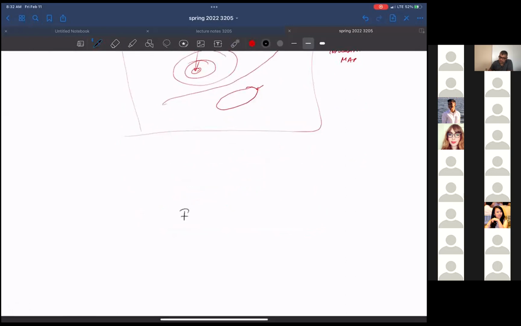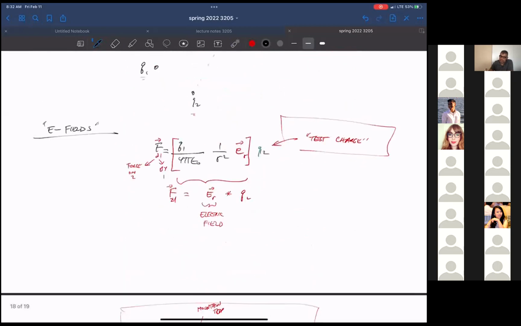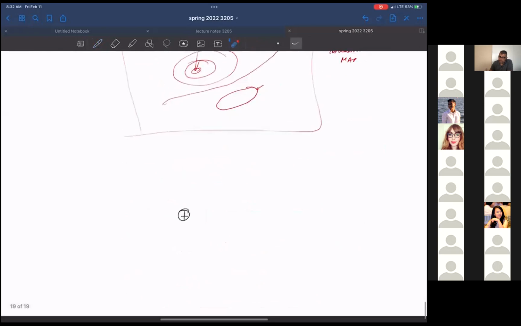Let's say you have a positive charge sitting at the center. Think of it as if you were a test charge. This is the way I think about electric field. I could put a positive test charge here, another positive test charge here. What would happen to it?